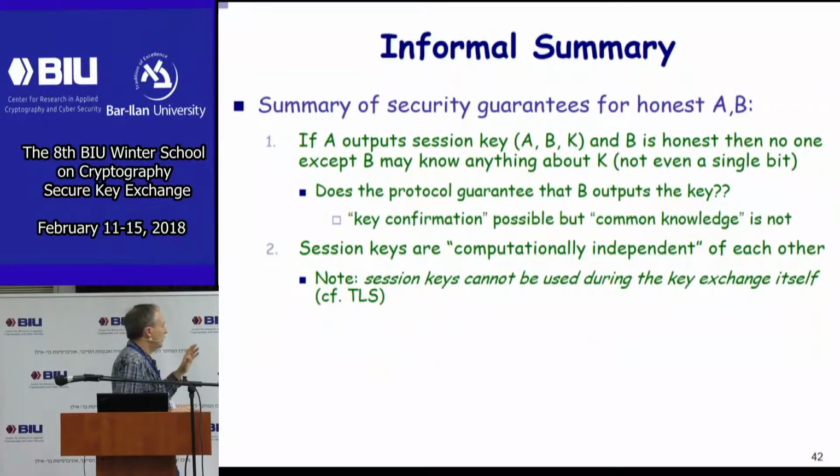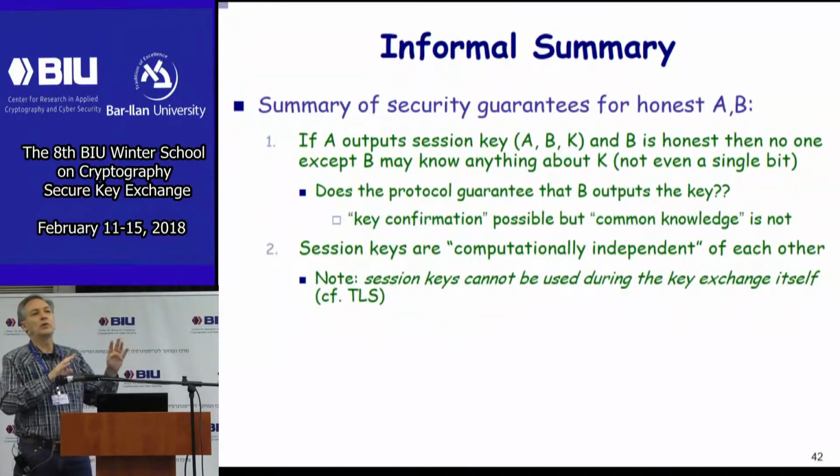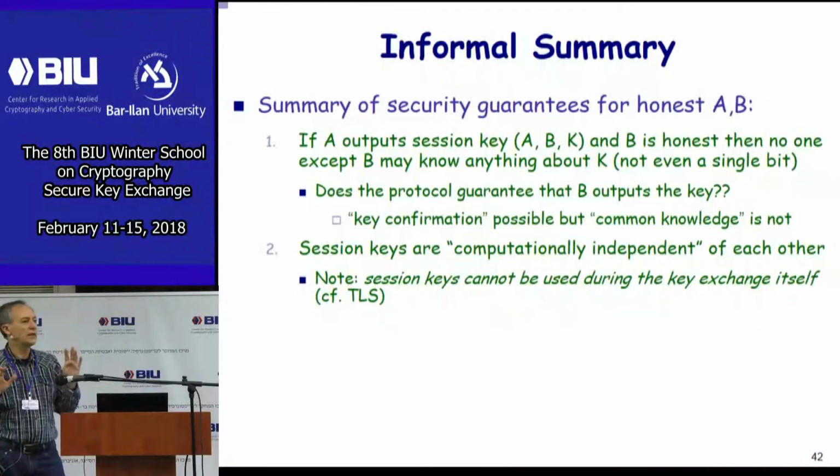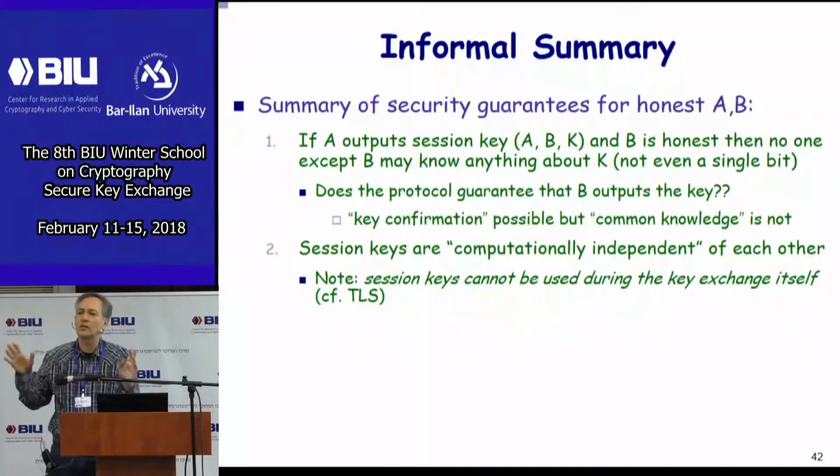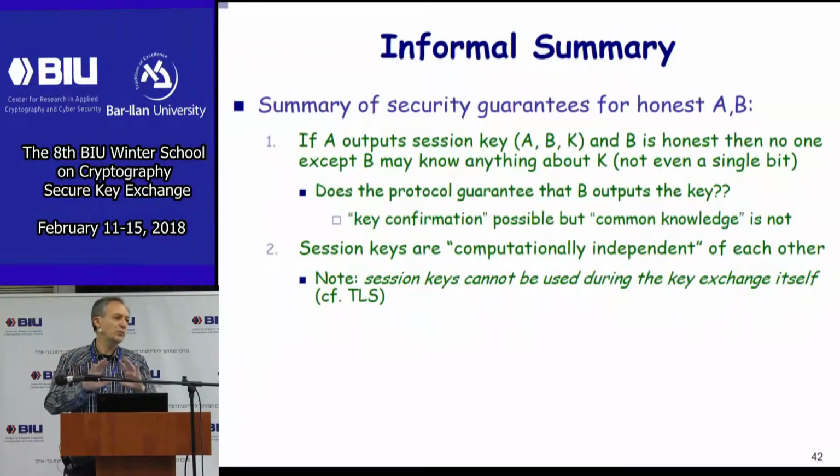Okay, so let's summarize the things that can be informally inferred by the security definitions. So if A and B are honest, and by the way, this is one thing that is significant here, we only provide guarantees of security for parties that act honestly. If you as a party don't act honestly, you depart from the protocol, or you publish your session keys on the web or something like that, we are not going to guarantee you any security.